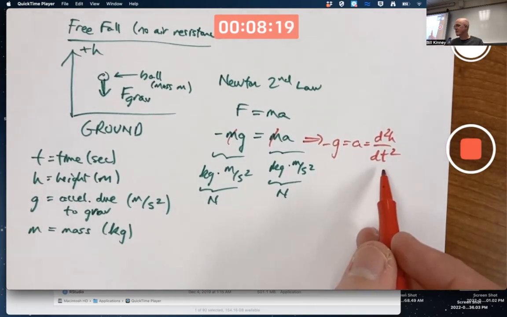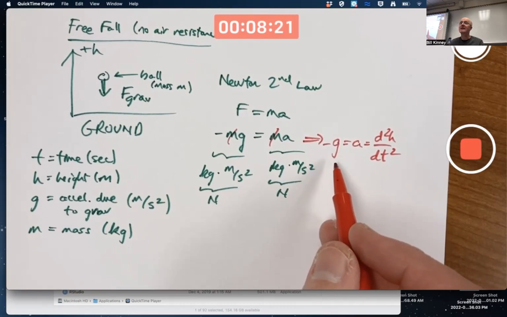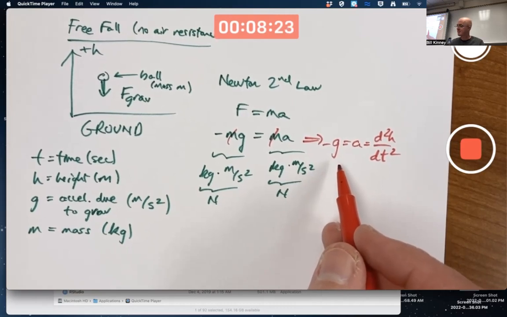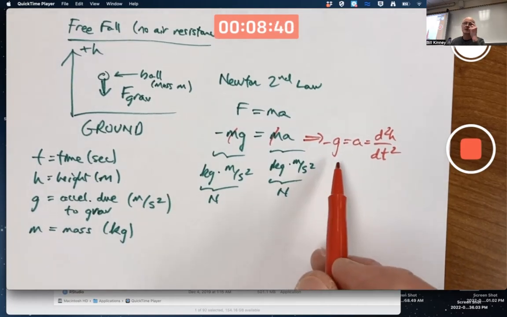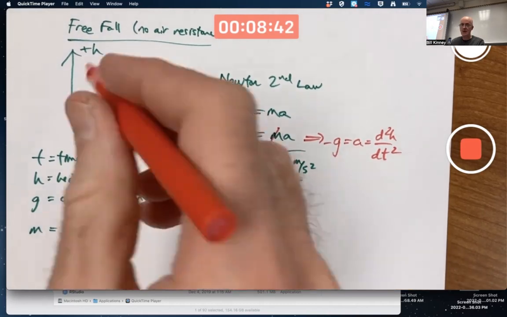Second derivative of height with respect to time equals a constant, a negative constant, in fact. The acceleration is negative. That means when you're going upwards, you slow down. You're accelerating in the negative direction. That means you slow down. If you're already falling downward, you speed up, once again because the acceleration is negative. It's in the downward direction.